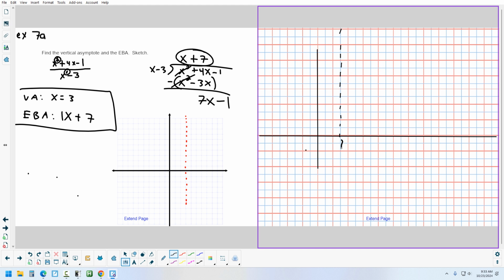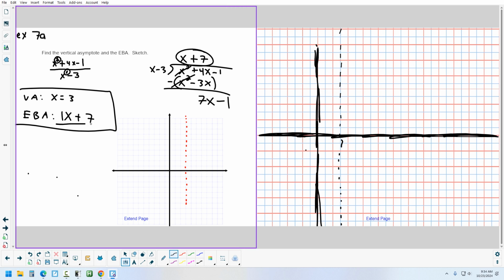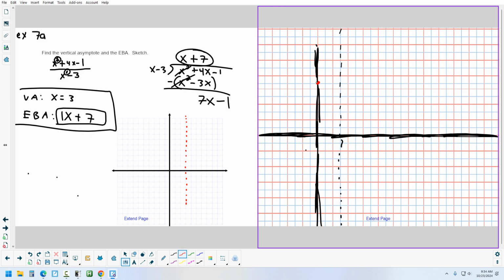I'm also going to just trace over my x and y axis to make those a little bolder so you see them better. Okay, so I got my vertical line. Now I need to draw this asymptote. What's the y-intercept? 7. So I'm going to go 1, 2, 3, 4, 5, 6, 7. Looks like it's right there as long as I counted right.